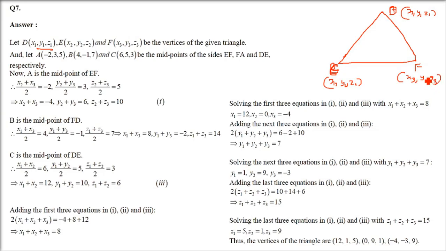So these are the points we assume, and the midpoint of each side is known as A, B, C. Just say A is the midpoint of one of the sides, B is the midpoint of one of the sides, C is the midpoint of one of the sides. It really doesn't matter which side it is, because D, E, F we have taken as x1, y1, z1, so it can be anywhere. The answer is going to be the same.